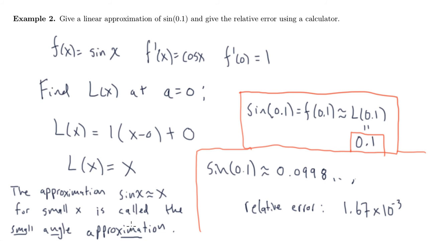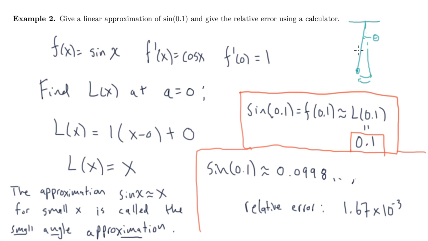Now I'll just tell you one such application of the small angle approximation. When you're looking at the motion of a pendulum swinging back and forth, fixed maybe to the ceiling, if our oscillations are small, we derive the equations of motion for the pendulum, and we can use the small angle approximation and get an explicit formula for the motion of a pendulum.